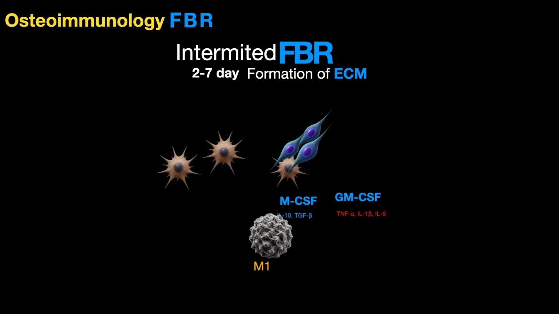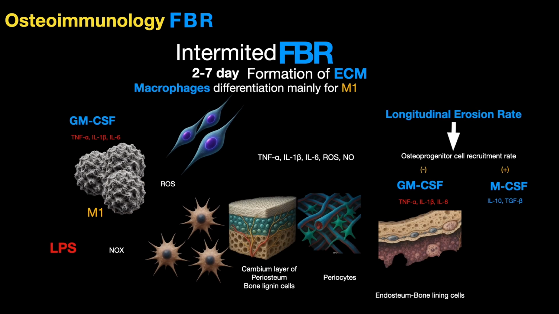So as we know now, initially the macrophages will always differentiate into M1. We cannot avoid it, we can minimize it. Why? Because we always have a little bit of LPS from the bacteria. We always will have some reactive oxygen species and nitric oxide.